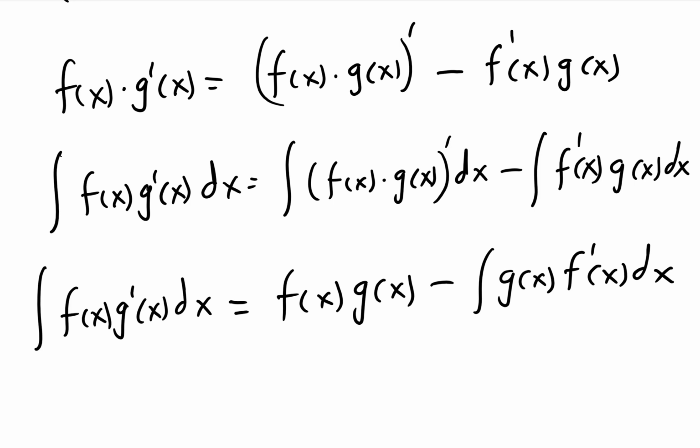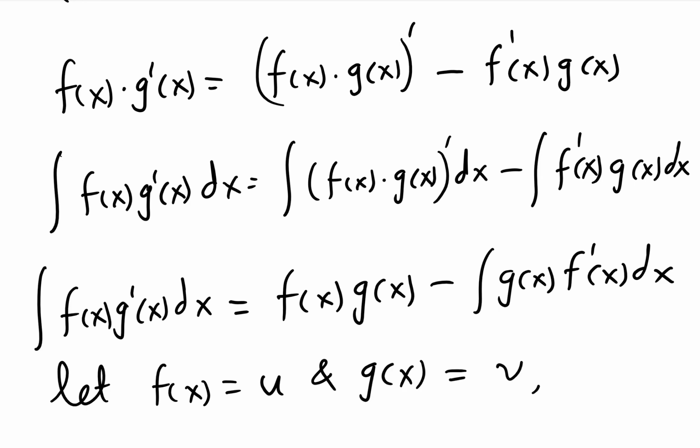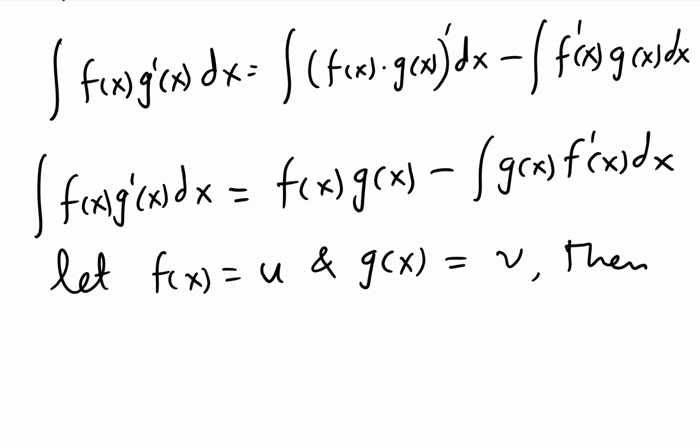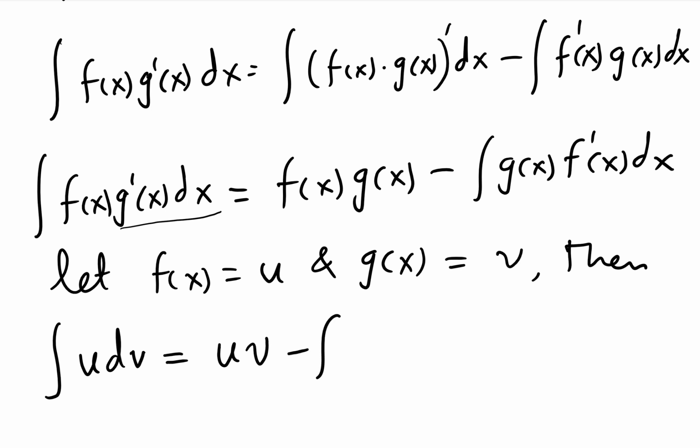Now to make this equation simpler to memorize, if we let f of x be u and g of x be v, then the equation that I just proved becomes: the integral of f of x is u and g prime of x dx, that's dv, equals f of x is u, g of x is v, minus the integral of v du.